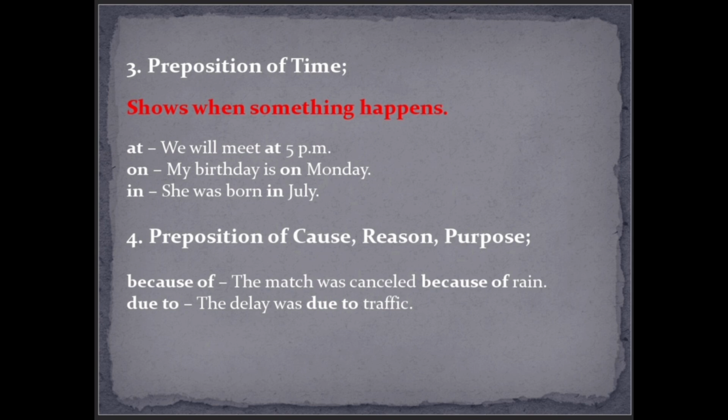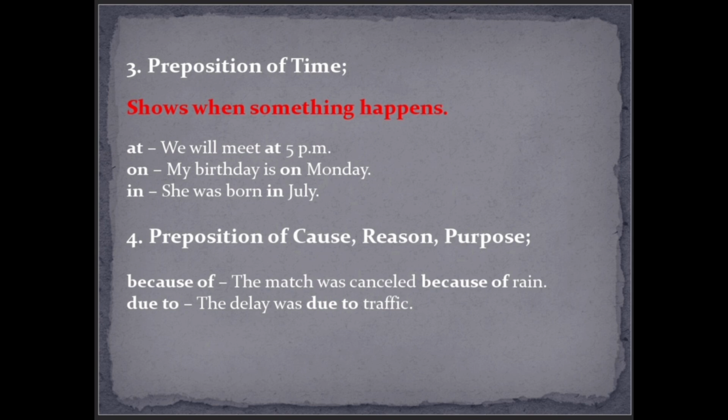For instance, one more example. Okay. Because of less money, I couldn't buy a bike last year. Okay. So why didn't I buy it? Because of less money. I did not have sufficient money, so I didn't buy a bike last year. So that is what I am expressing.